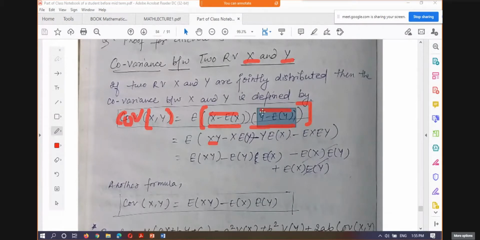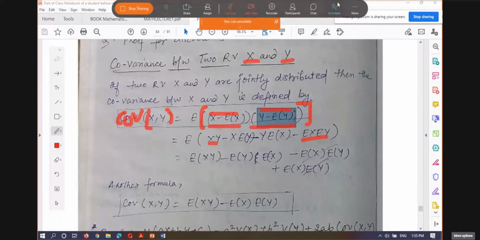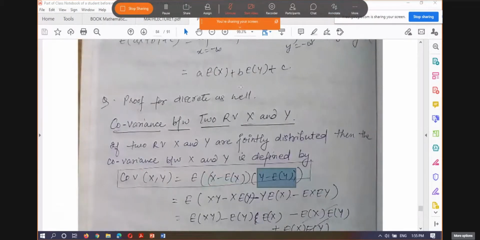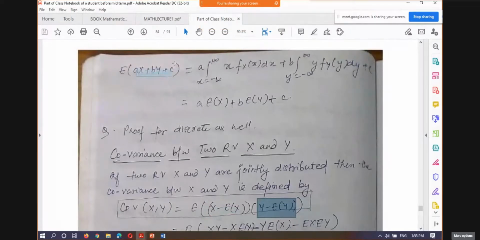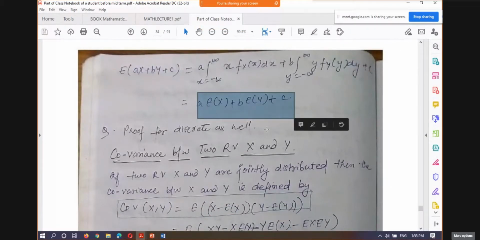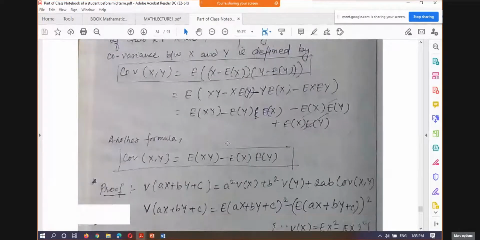If I multiply these two parts inside this big bracket, I get xy, x expectation of y, y expectation of x, and expectation of x into expectation of y. Now we use the previous result we proved earlier: the expectation of ax plus by plus c is equal to a expectation of x plus b expectation of y plus c.